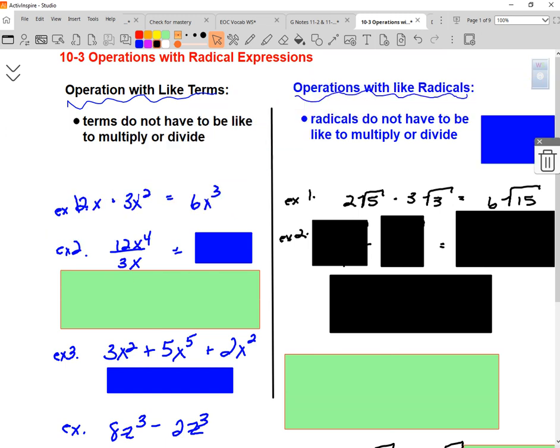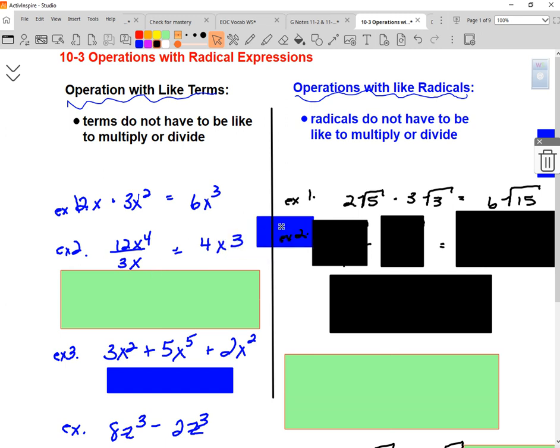Another example, if we divide them, we can divide x to the 4th and x. Those are not like terms, so we learned how to divide those, right? Coefficient divided by coefficient. That's going to give us 4. X to the 4th divided by x to the 1st is going to be x cubed. That's right, x cubed. So this is stuff we've already learned, and we've also done it with radicals. 3 square roots of 15 divided by the square root of 5, those are not like radicals.